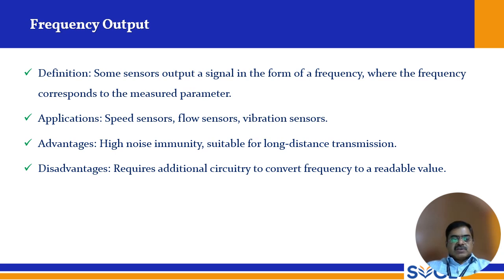And disadvantages: requires additional circuitry to convert frequency to readable value. So frequency is not in a readable or useful form for recording purpose or for a display purpose, we have to convert it to some readable form.